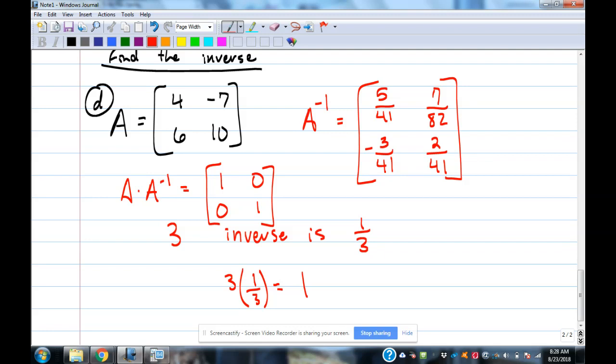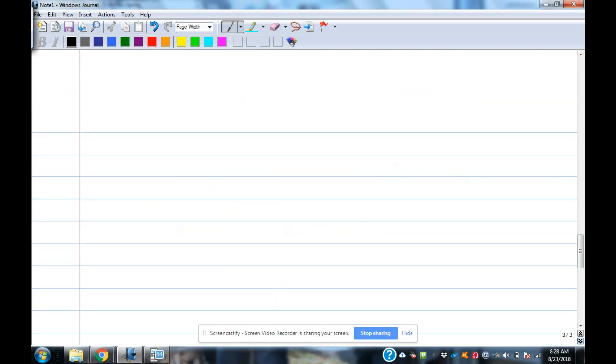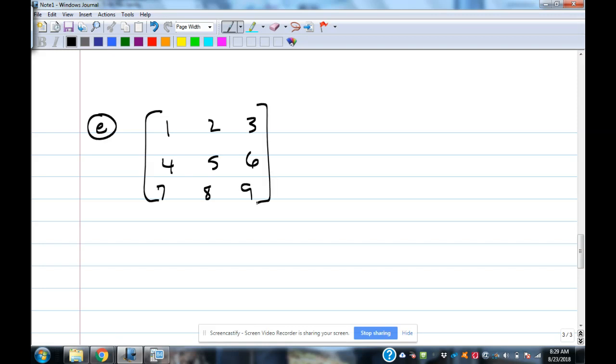Multiplicative inverse is what we're finding for matrices when we do this inverse stuff. And it only happens when the determinant is not 0. So if you had a 3 by 3, make one up here: 1, 2, 3, 4, 5, 6, 7, 8, 9. Pretty easy one to make up. We'll call that matrix A, and we want to find A inverse.